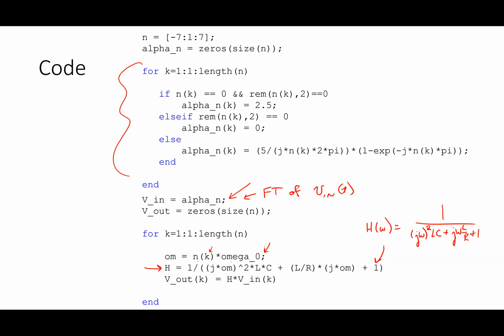So omega naught is the fundamental frequency. So this is basically one of my harmonic frequencies, and I'm calculating the value of H at that frequency, and then I'm calculating the value of the output Fourier transform at that frequency. Make sense? Yeah. Okay. So with that, what is that going to look like?